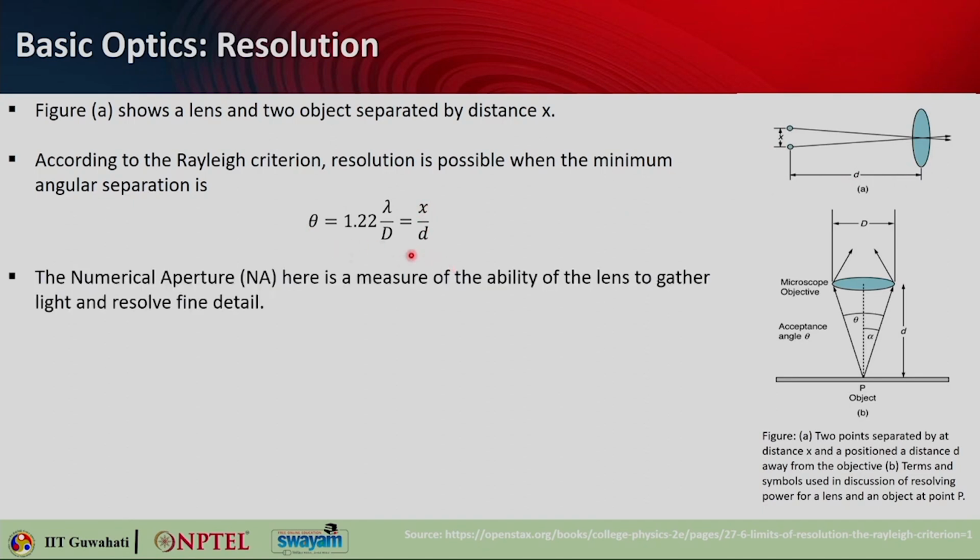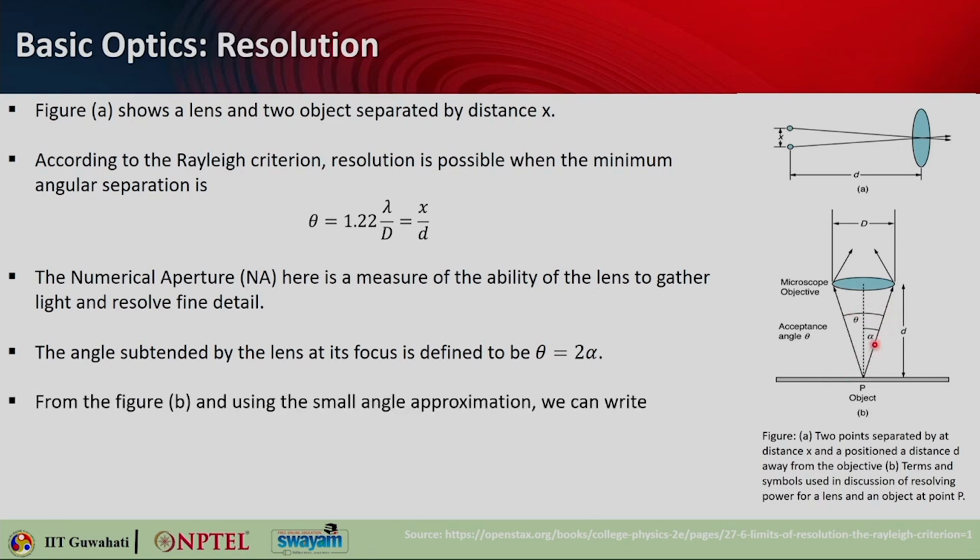That way you can correlate the minimum separation between the two objects which can be resolved using this particular lens. The numerical aperture here is a measure of the ability of the lens to gather light and resolve fine details. The angle subtended by the lens at its focus is theta, and theta is the same as 2 alpha.